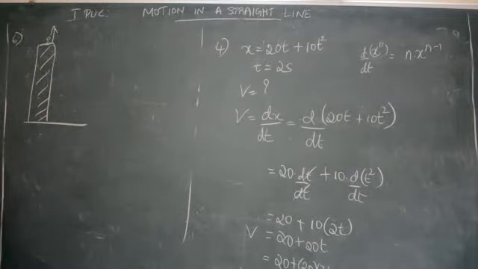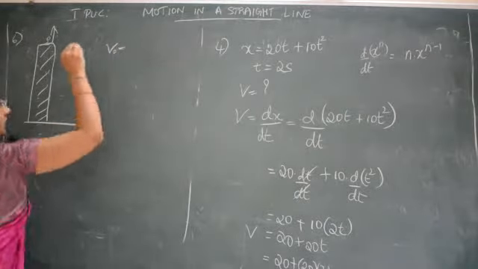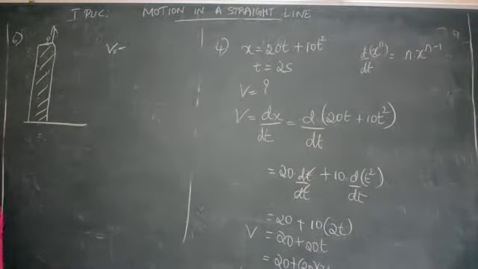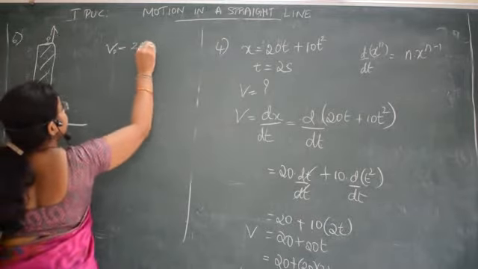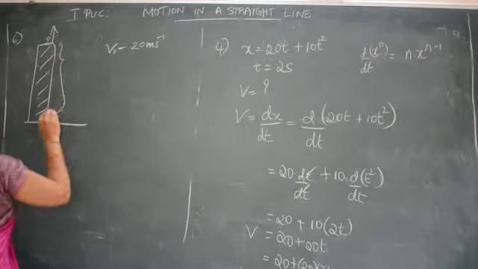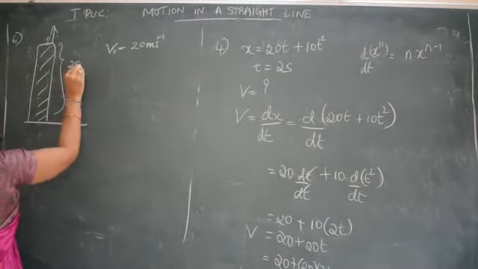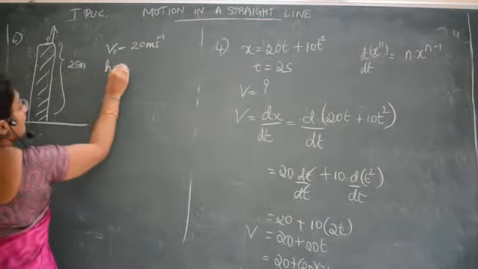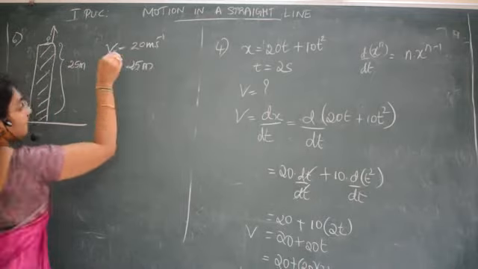Throwing from the top of the building with initial velocity, how much? 20 meter per second. From the multi-story building, the height of the point from where the ball is thrown is 25 meter. So this height is, correct?